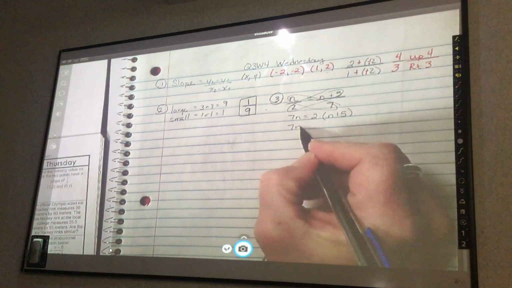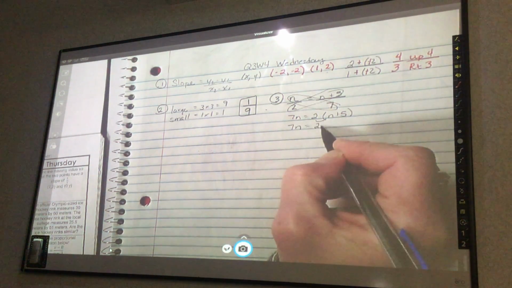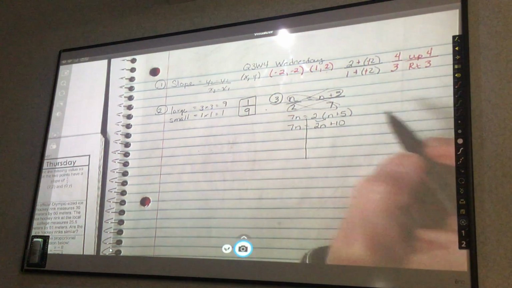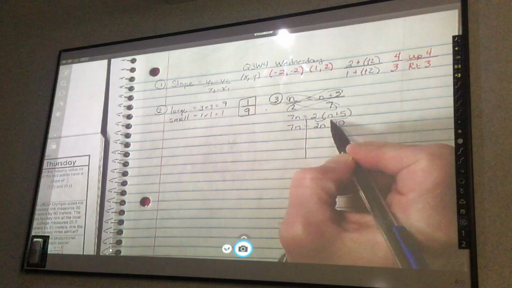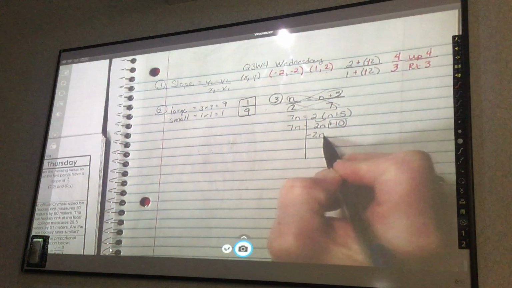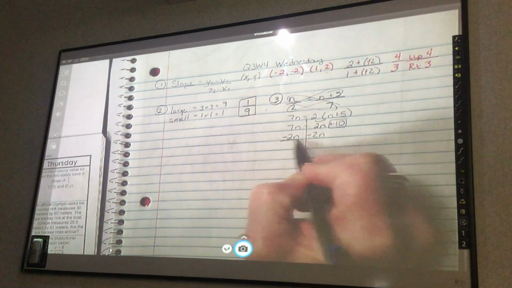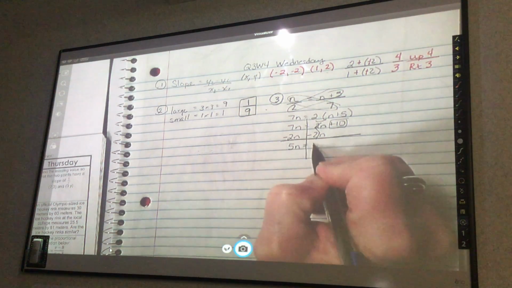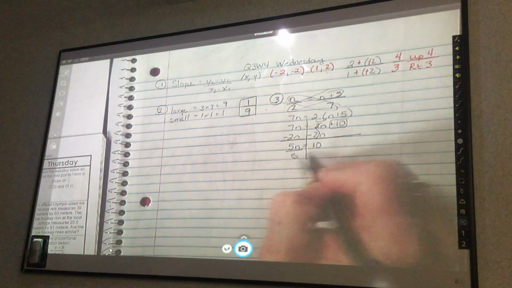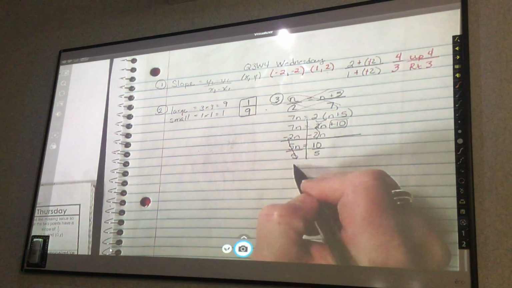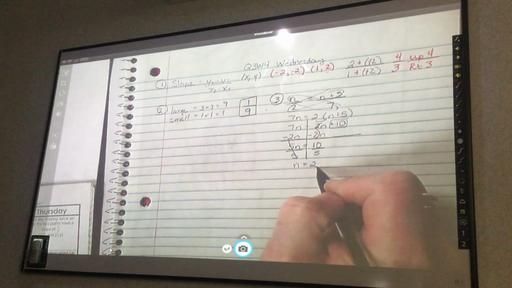So 7n equals 2 times n is 2n, 2 times 5 is 10. I'm going to keep the 10 by itself so we can balance it out, and I'm going to subtract 2n from both sides. These cancel each other out, and I'm left with 5n equals 10. Divide by 5, divide by 5. These cancel each other out, n equals 2.